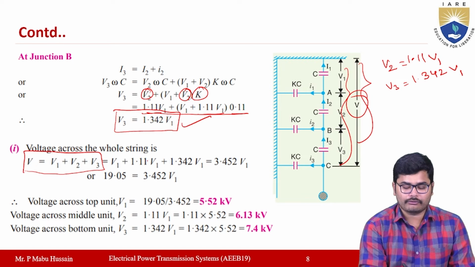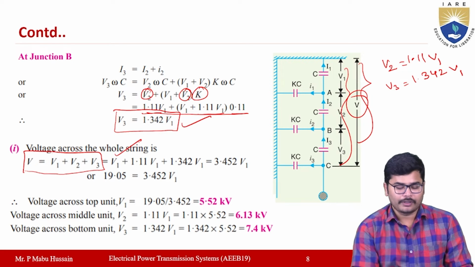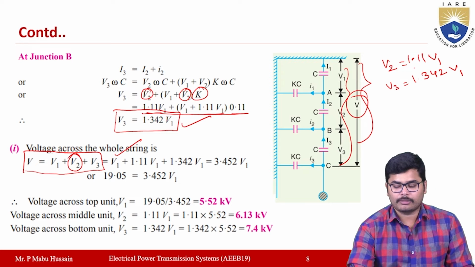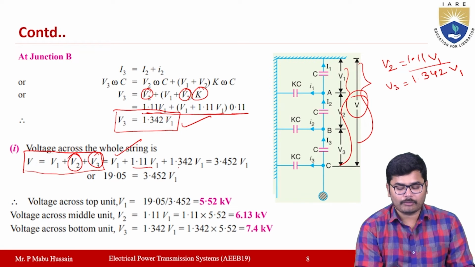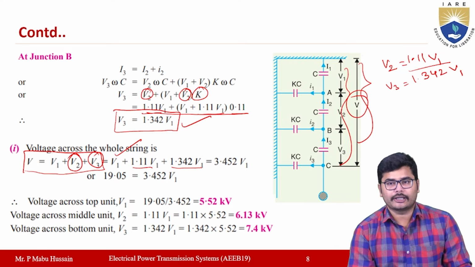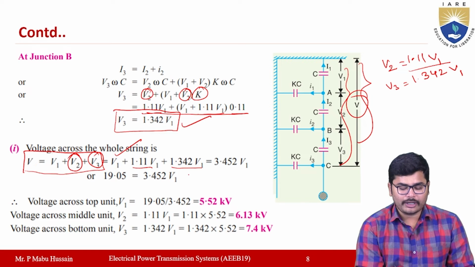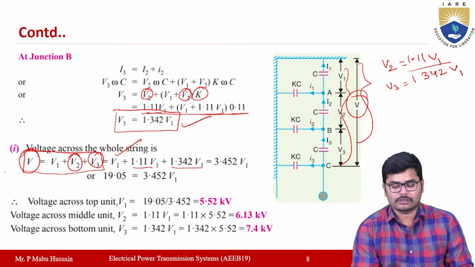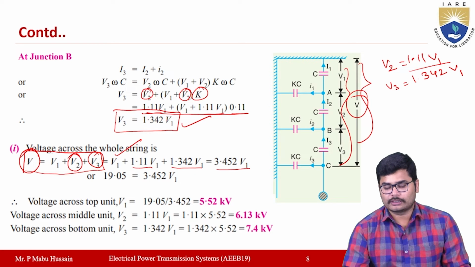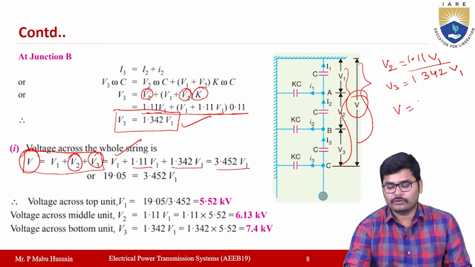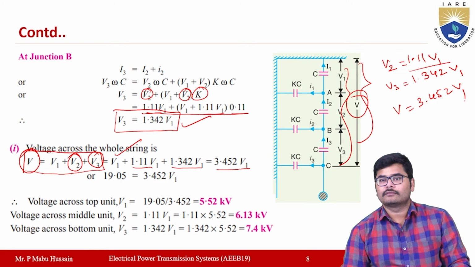V1 we keep as it is, V2 is 1.11 V1, and V3 is 1.342 V1. Finally, you will get the value of V in terms of V1, which is equal to 3.452 V1.